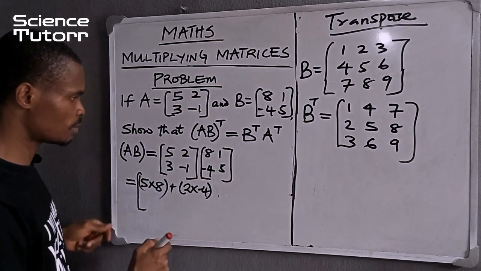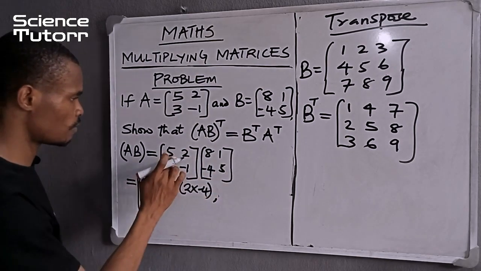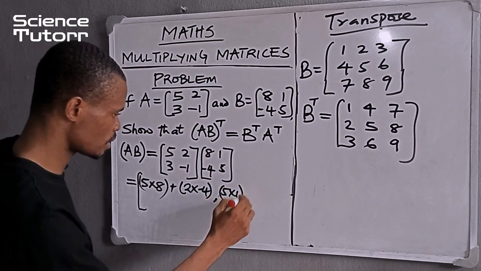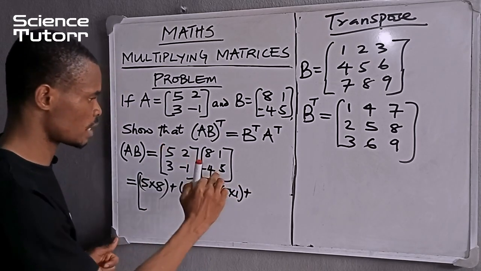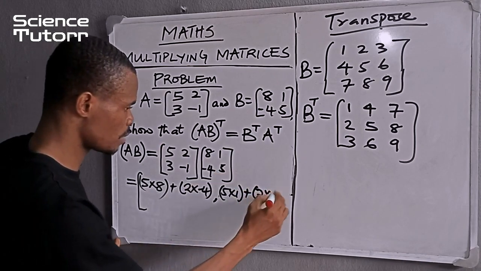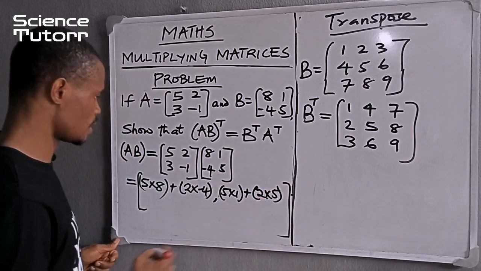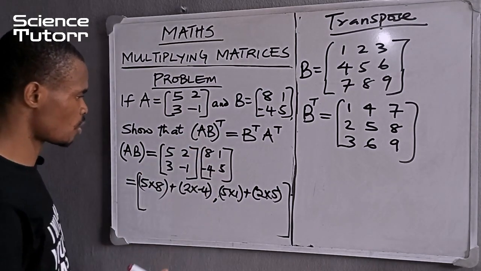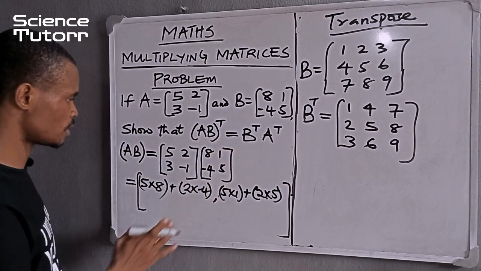Now we do the same thing for the second case. 5 times 1 plus 2 times 5, as for the first case. Now we use the row for the second case and the column also for the second case.